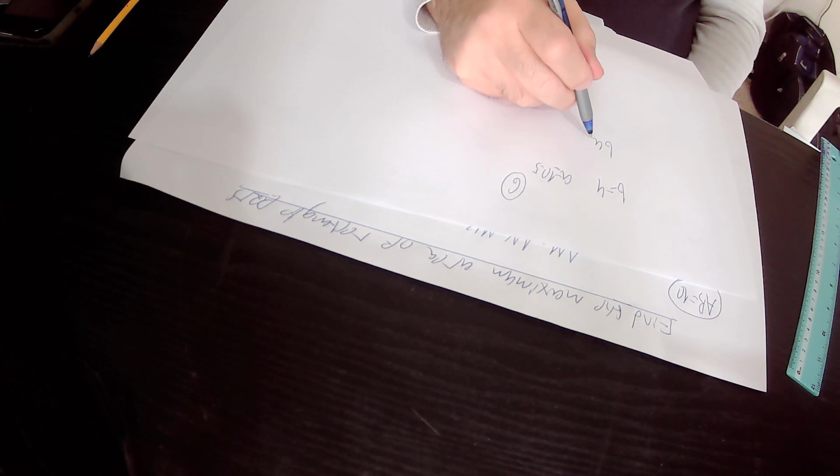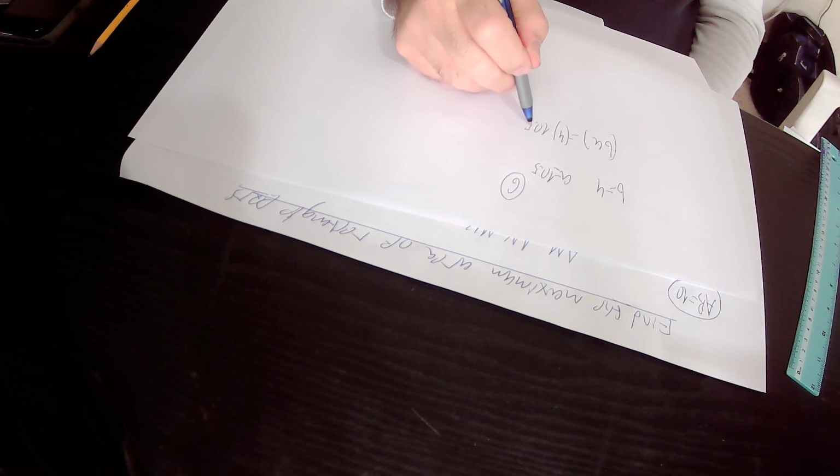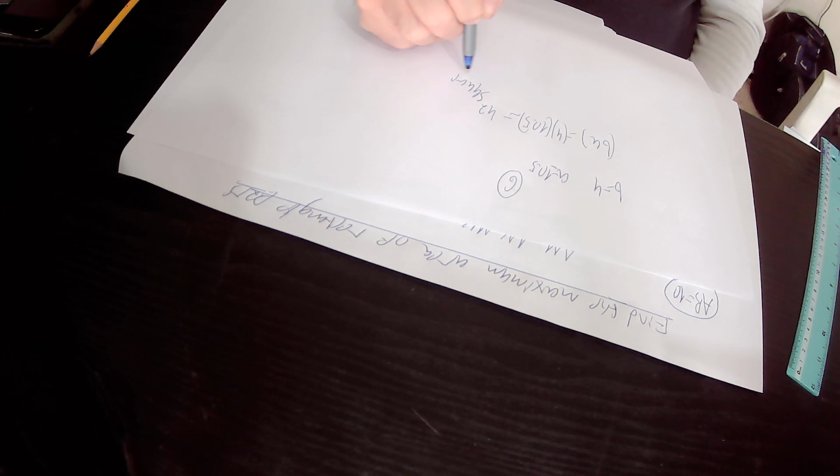B times A is the area, so B is 4, the length A is 10.5, and 4 times 10.5 is 42 square units. It's actually the maximum area of this rectangle PQST. Okay, so in the next step I will summarize the lecture.